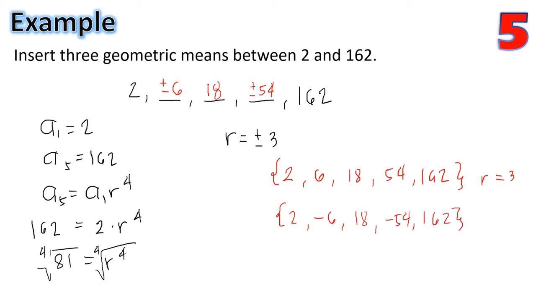This is where the common ratio is negative 3. Therefore, the three geometric means between 2 and 162 are positive or negative 6, 18, and positive or negative 54.